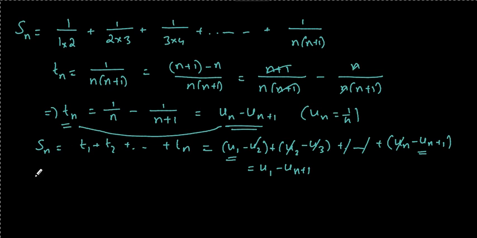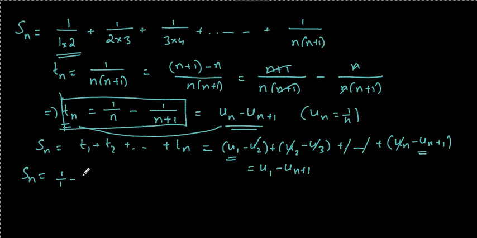In this particular example, we wrote Tn as 1 by n minus 1 by n plus 1. So 1 by 1 into 2 I can write as 1 by 1 minus 1 by 2. 1 by 2 into 3 I can write, if I apply this, as 1 by 2 minus 1 by 3 and so on.